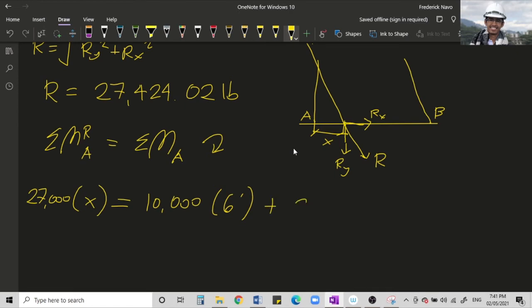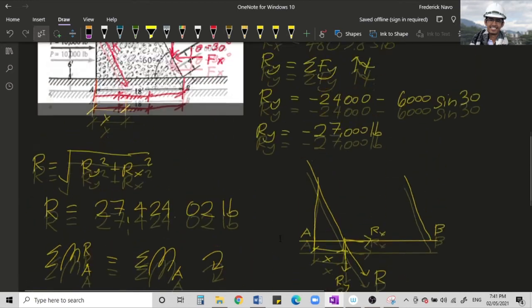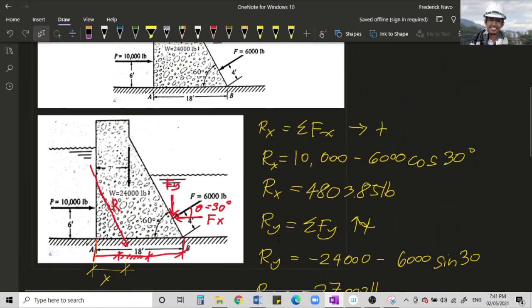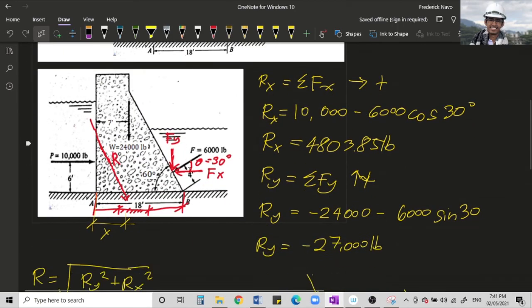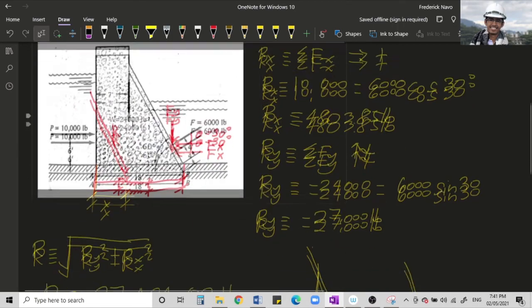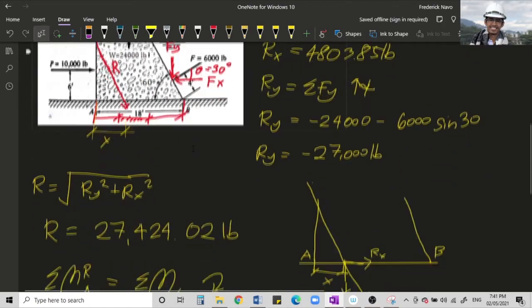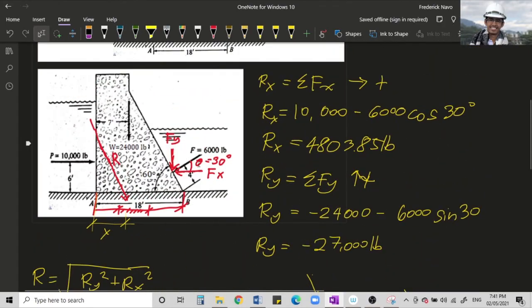So, that will be 24,000 pounds times 7 feet. Okay. And then, ano pa yung mag-moment doon? So, that is yung force F pa natin.